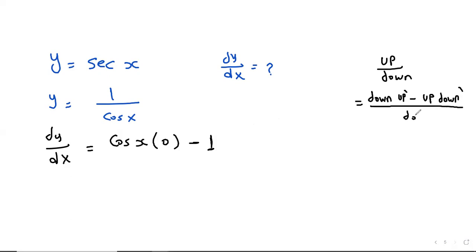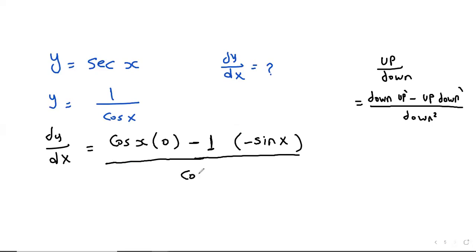over down squared. So here it's minus 1 multiplied by the derivative of cosine x. The derivative of cosine is negative sine x, all over cosine squared x. Cosine x multiplied by 0 is 0, and here we have negative multiplied by negative, it's a positive. So it will be sine x over cosine squared x.